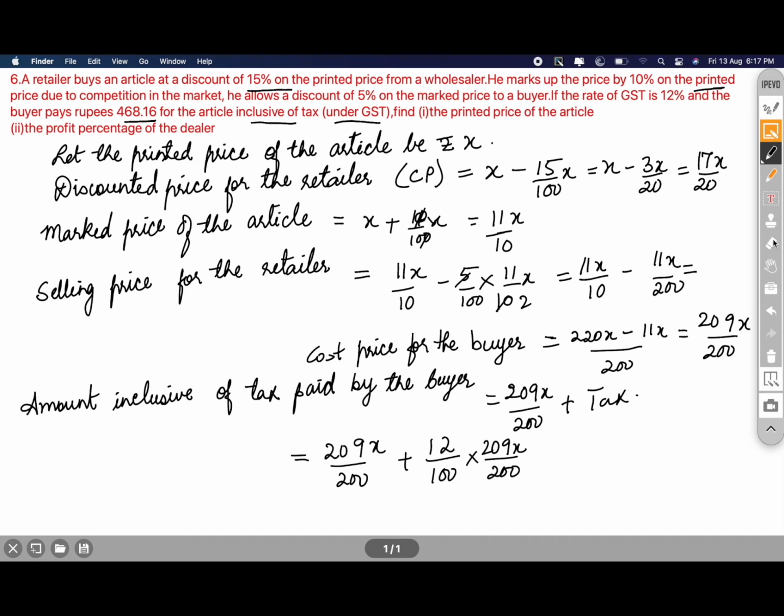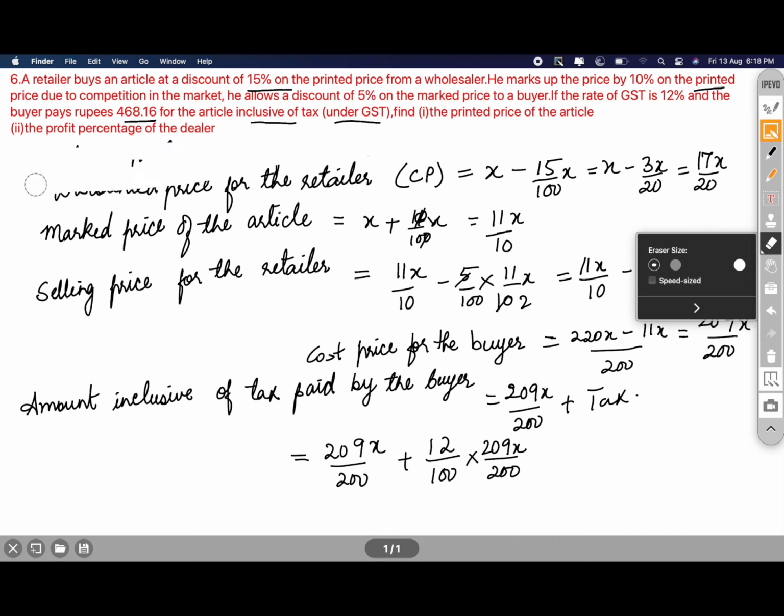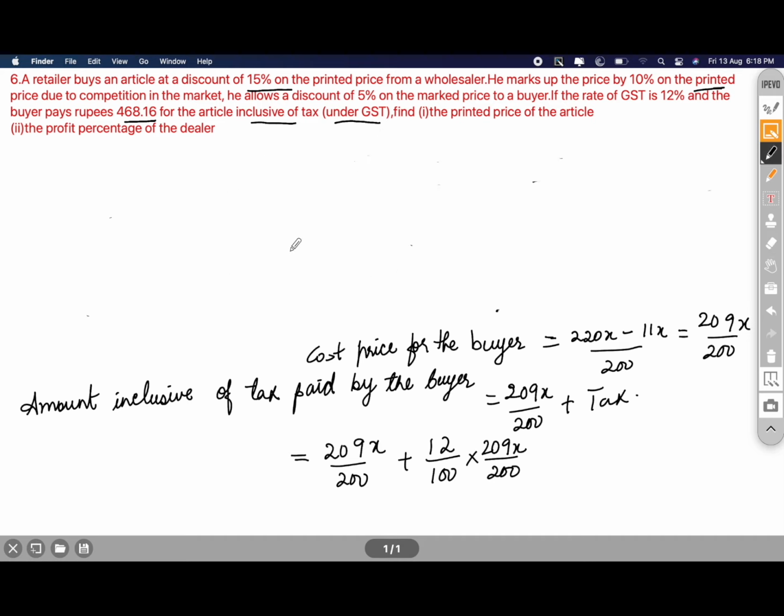Let me clean the upper portion of the board. So now this value is equal to 468.16 given in the question, right? So now let us simplify it.